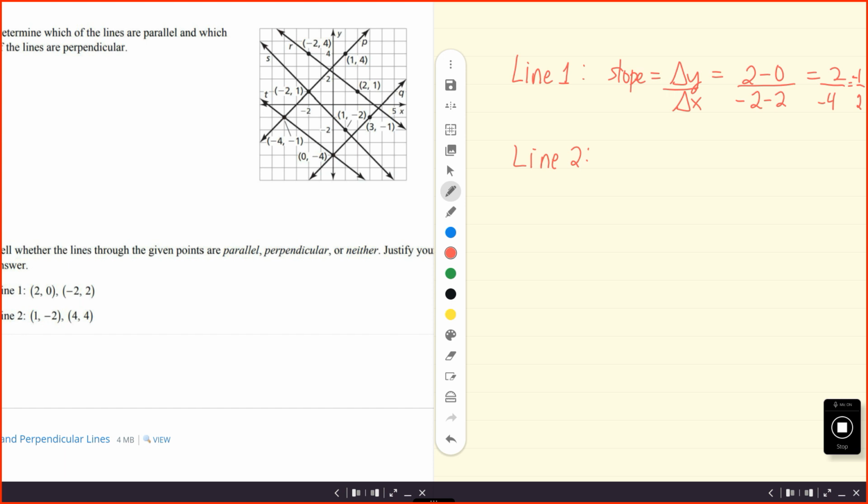Okay, now let's do the same thing. That formula, like you said, with the change in y and change in x. Okay, so we can start with 4 take away -2, and then 4 take away 1. Okay, help me with that.